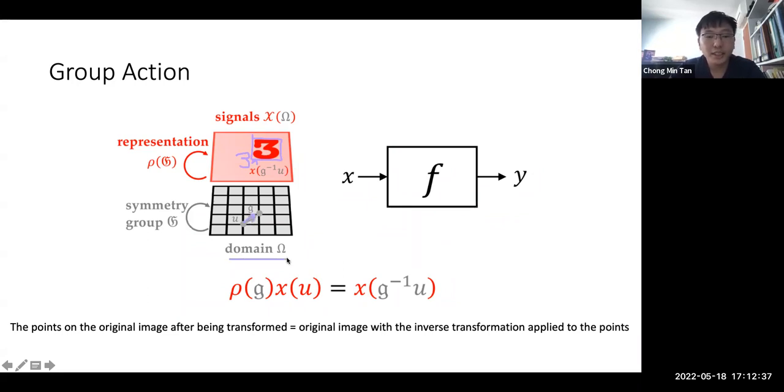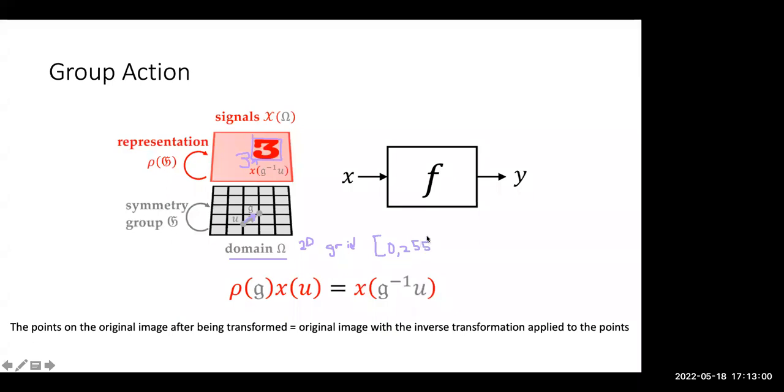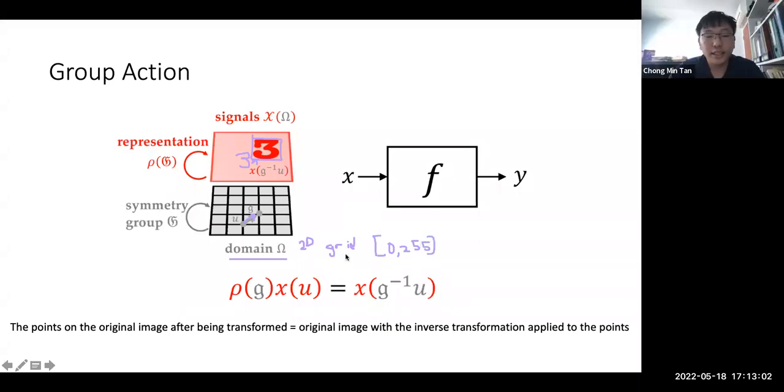So this domain is basically, for example, in the input pixel, a 2D grid of R, because maybe your pixels take values from 0 to 255. So in your domain over here, which is the entire 2D grid, we can map a particular transformation, which is a translation.